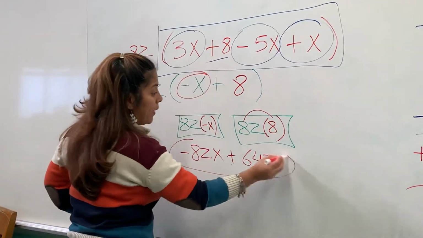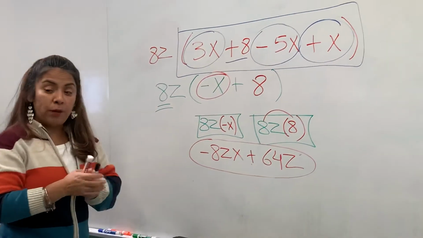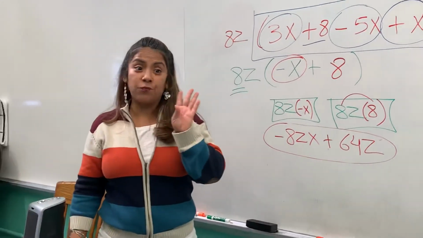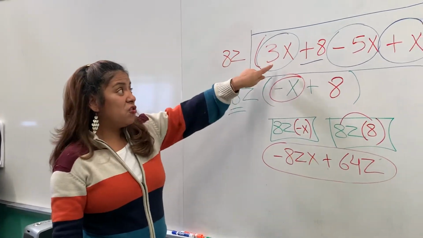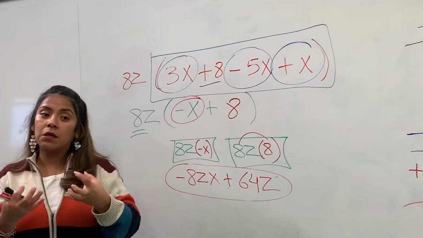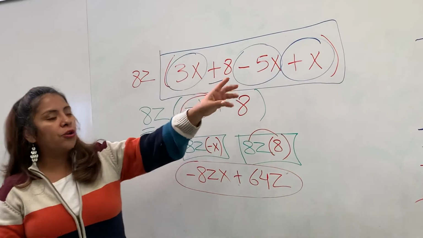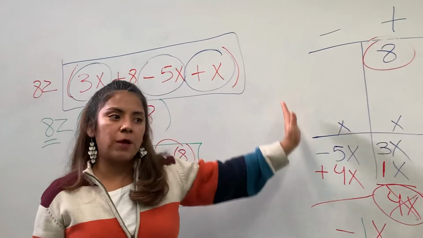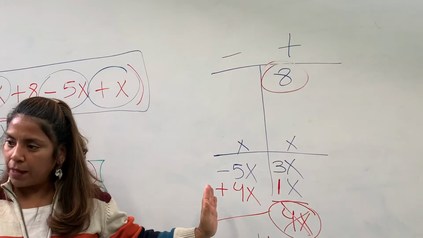Now, just keep in mind, the first thing to do before we simplify any type of expression, especially these ones here, you must check if inside your parentheses you have any like terms. If you have any like terms, then you're going to combine them using your T-chart, because that's addition and subtraction there.